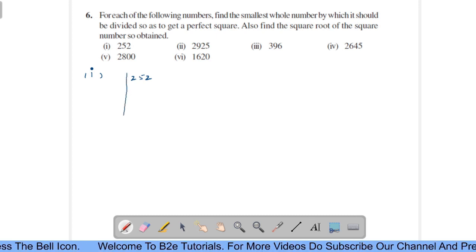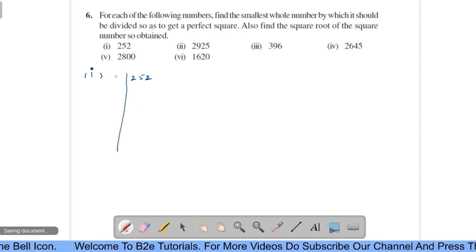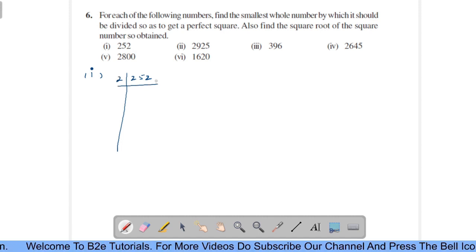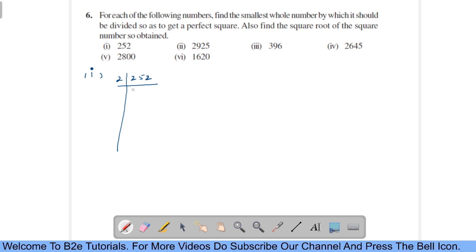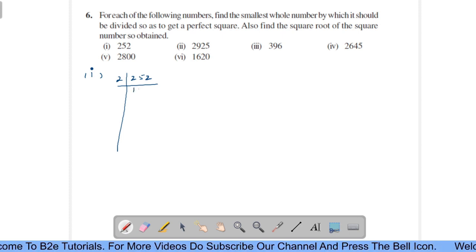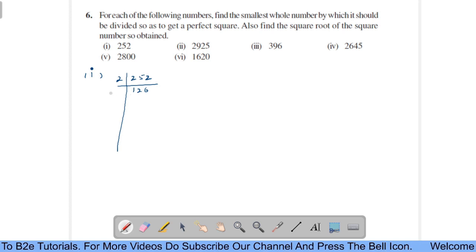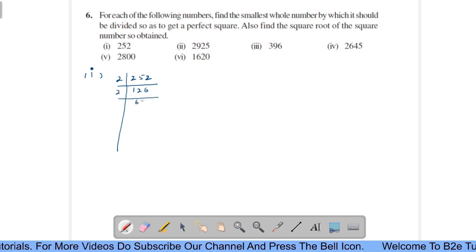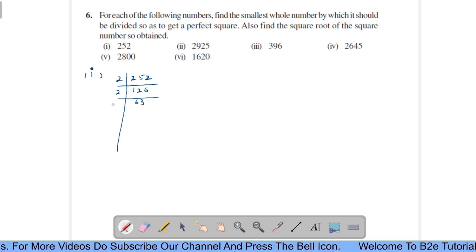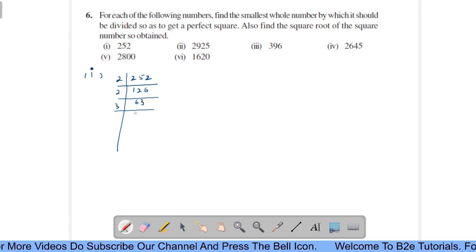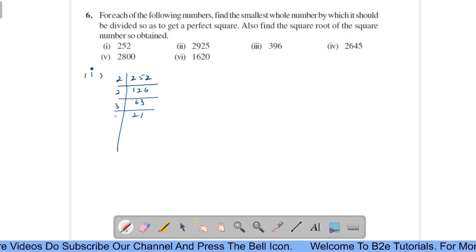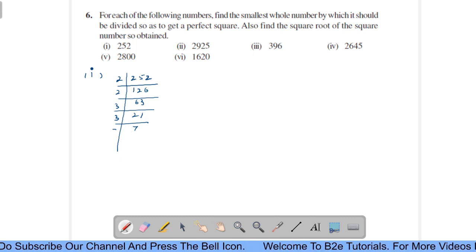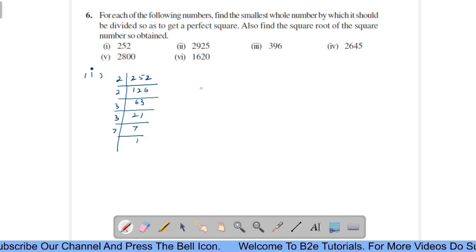Find out prime factors of 252. Divided by 2, you will get 126. 2 twos are 4, 2 sixes are 12, again by 2, 2 sixes are 12, 2 threes are 6, again by 3, 3 twos are 6, 3 ones are 3, again by 3, it is 3 sevens are 21, then by 7, it is 1.